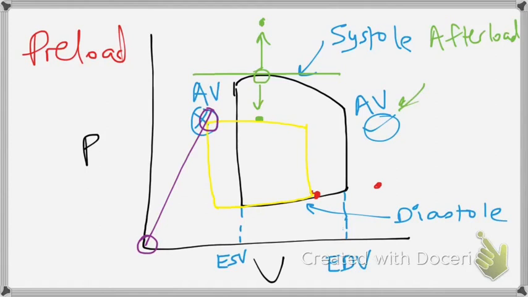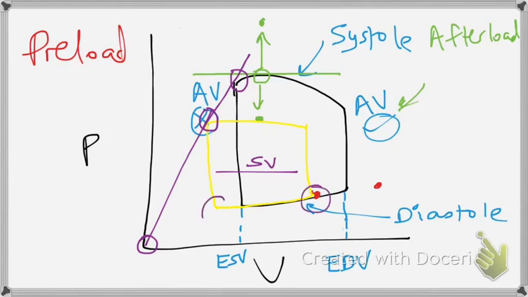But since the contractility of the heart is not affected in this case, this line should pass through both points. That would mean the contractility has not changed, which is true for nitroprusside. It does not affect the contractility of the heart muscle at all, and so this line will pass through these 2 points, and the stroke volume will remain the same, and we have a change in the end diastolic volume.